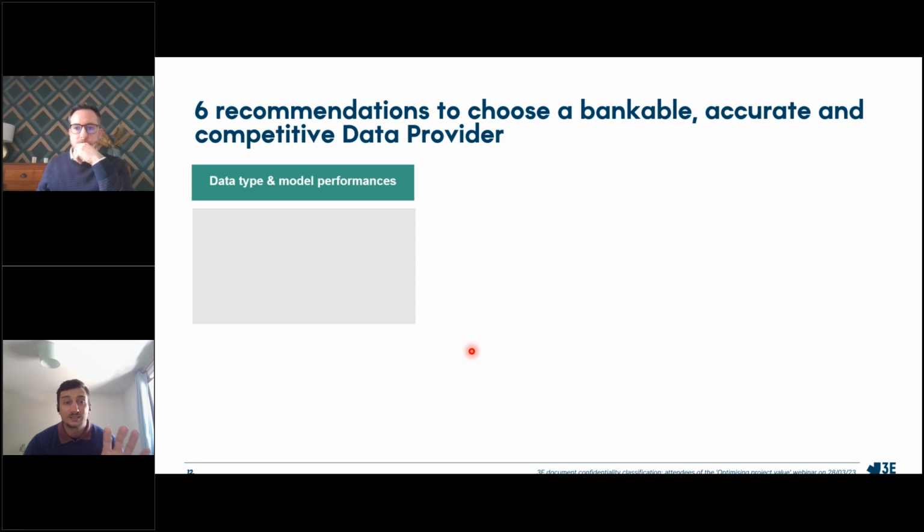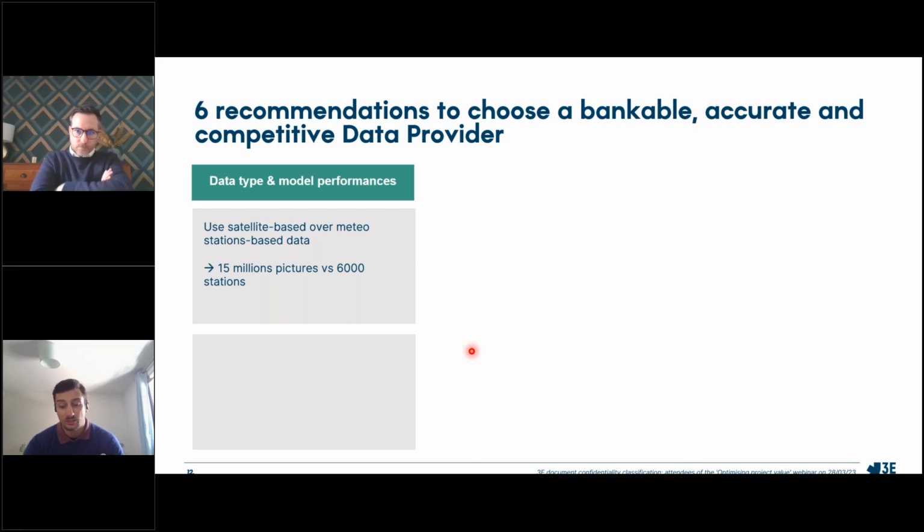If we look at the data type and model performances, the first recommendation is that we would like to favor satellite-based data over station-based data. The reason is very simple. It's a matter of numbers.